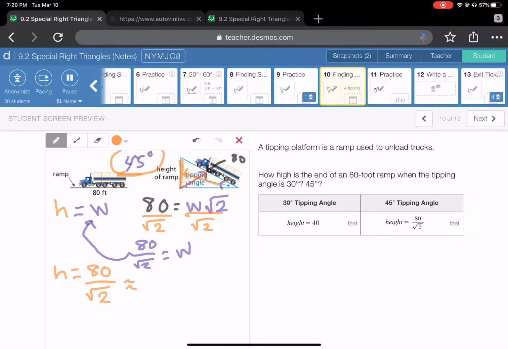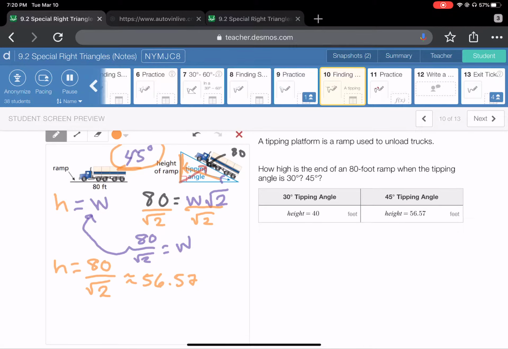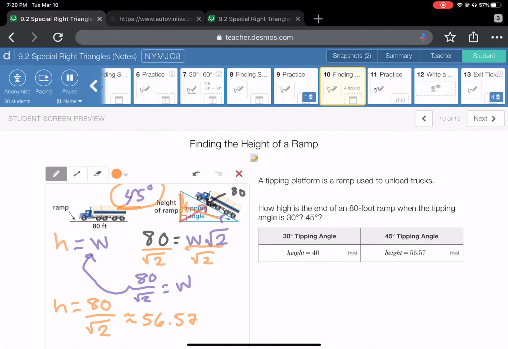So our height is approximately 56.57 feet if we round to the hundredths. So I'm going to change this over here. All I did was divide 80 by the square root of 2, so that would be 56.57. Alright, and that is the end of this section.